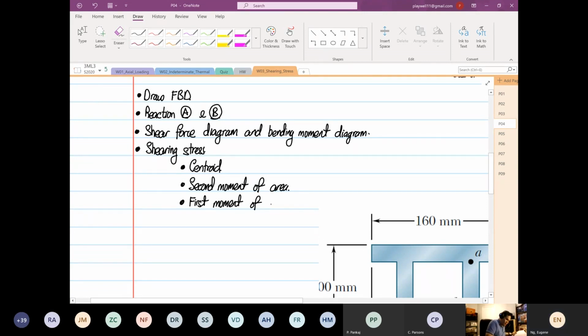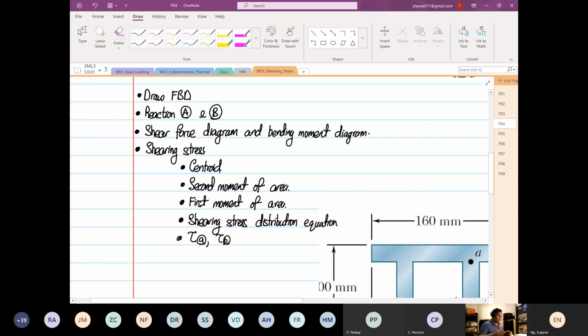We're going to look into the shearing stress distribution equation. Then finally, we're going to look at the shear stress at point A, and then we'll find the shear stress at point B. So this question alone, as I said, has a lot of layers.